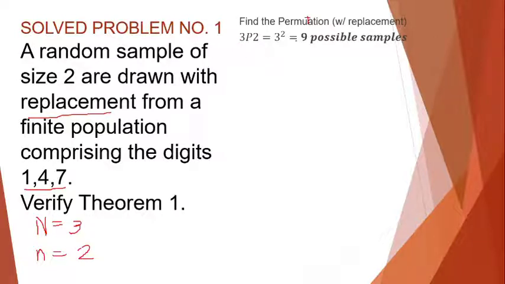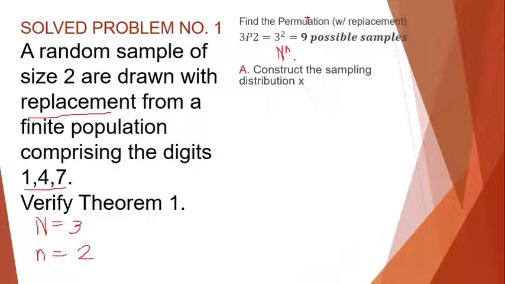With replacement, because without replacement it would be the same as what you discussed in grade 10. But this time it is with replacement. The population quantity is raised to the sample size, where your sample is 2. So 3 times 3, which is 9. So we have 9 possible samples.